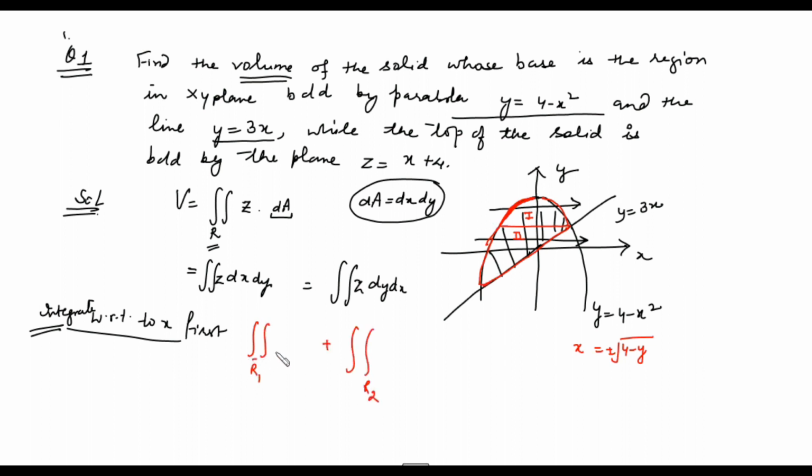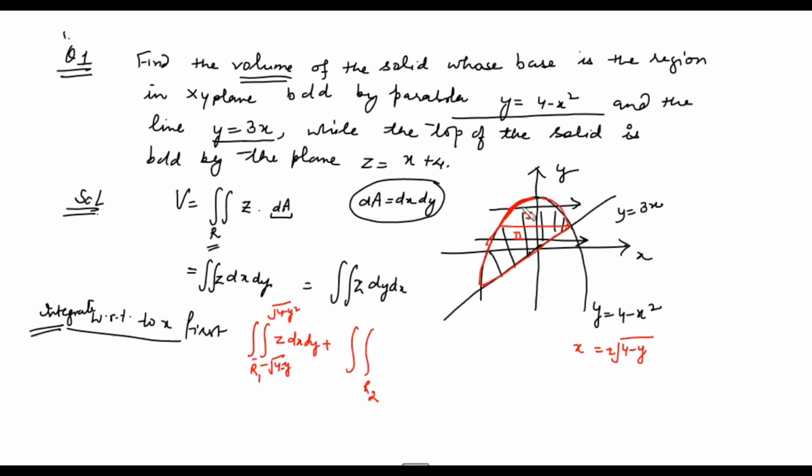In region 1 we have to see the limits for x first. The limits for x in region 1 vary from this surface to this surface. Here the equation of x is minus square root of 4 minus y, and here it is plus square root of 4 minus y.